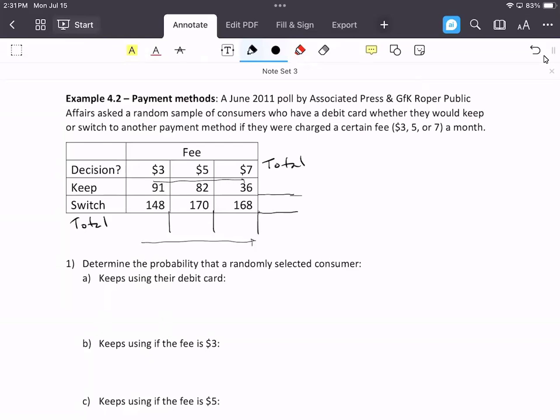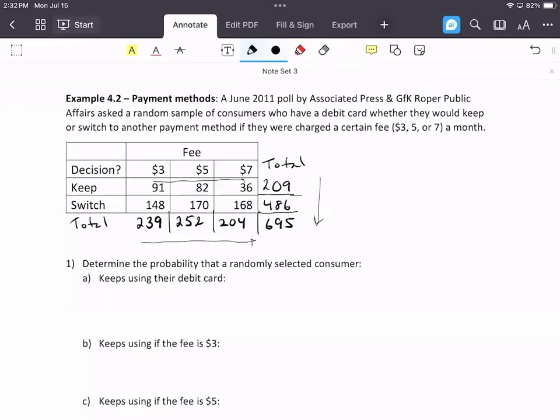Remember, the totals across should equal the total down. So take a minute and see if you can, well, use your calculator, add them up. Please pause, take a moment, and make sure that your numbers match what I have for totals here.